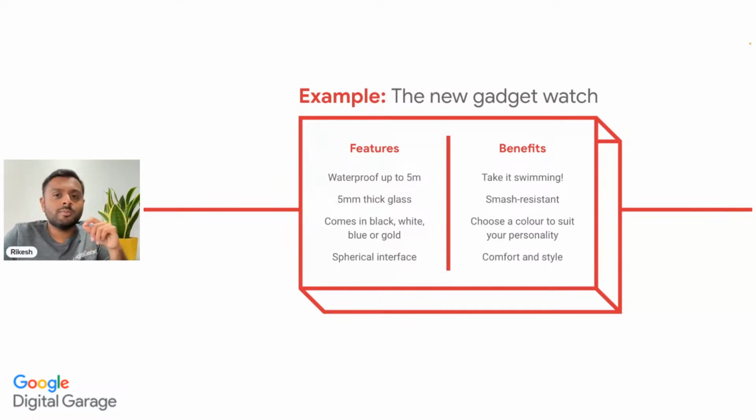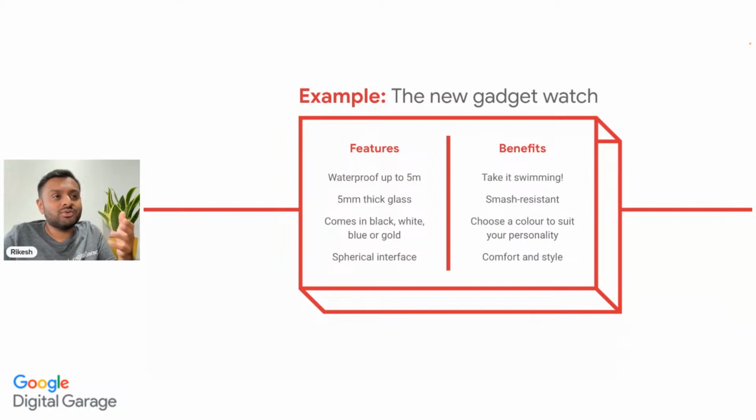For somebody who may not necessarily be in the gadget watch world, who has never bought one before and doesn't really know too much about them, all these features or statistics, as I like to call them sometimes, might just make that potential customer shrug their shoulders and say, waterproof up to 5 meters. Okay. 5 millimeters of thick glass. Okay. These are just numbers.